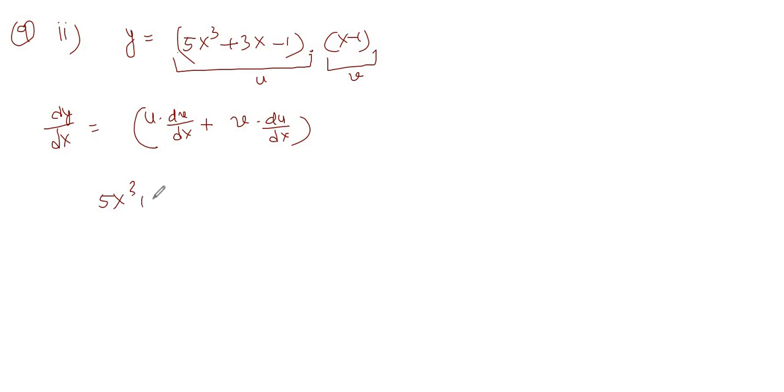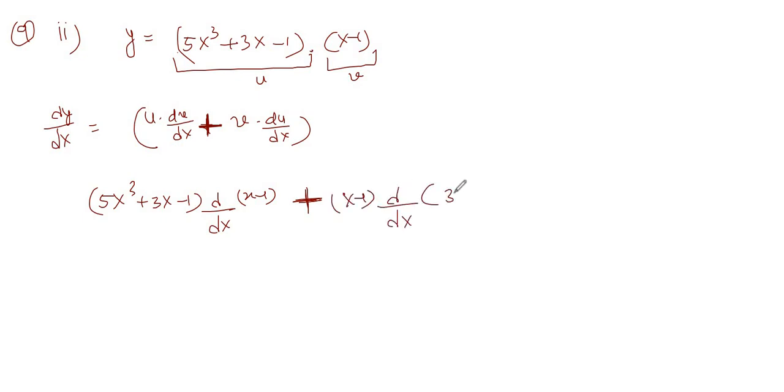Let me write down (x^3 + 3x - 1) d/dx of (x - 1) plus, remember here it is plus in between, v, which is (x - 1) d/dx of (5x^3 + 3x - 1).